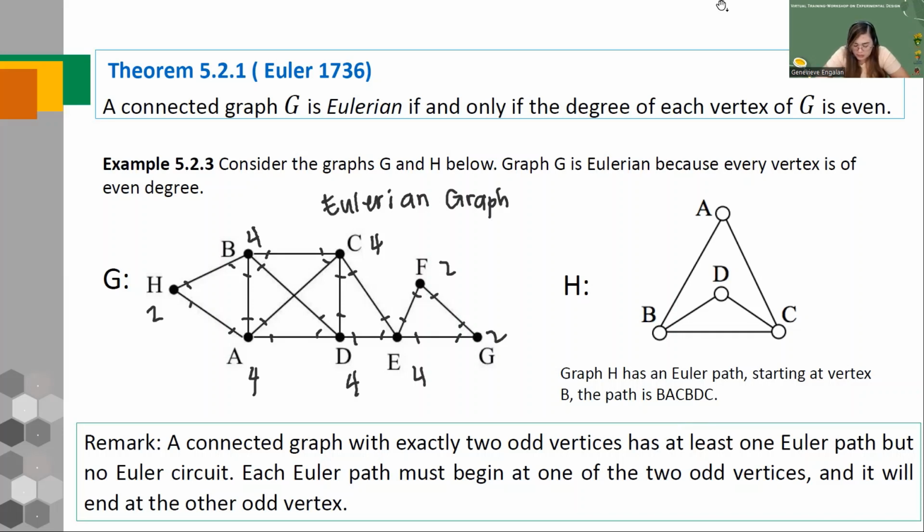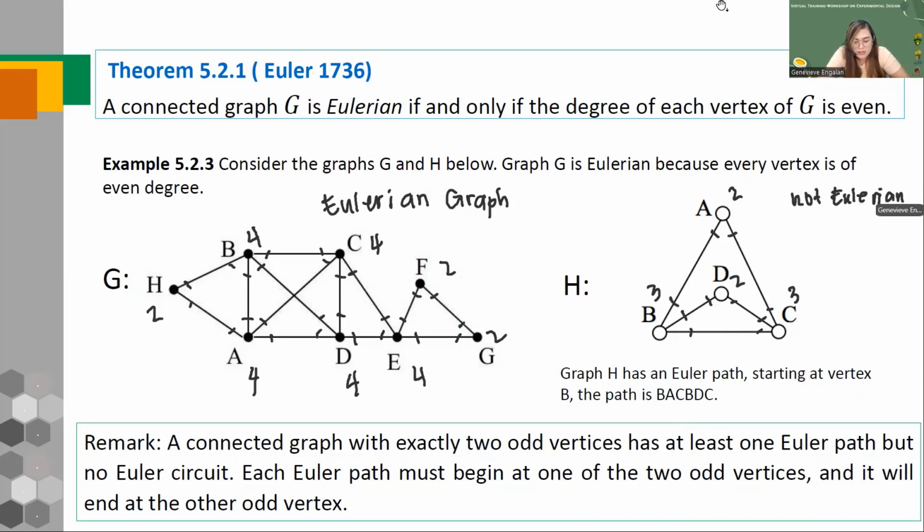Okay, this one, diri at 2, kay naay 1, 2. Diri sa D, 2. Sa C, kay 3 na. Sa B na 3. Sa C pod 3. So this is not Eulerian. However, naa siya remark dira. Okay.